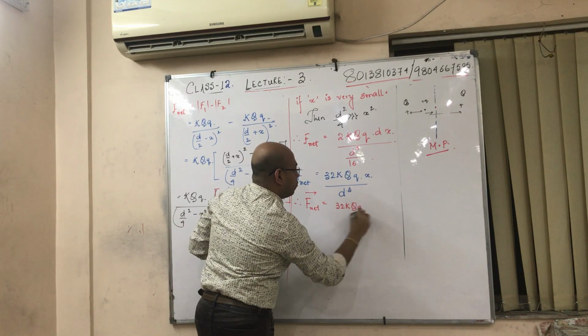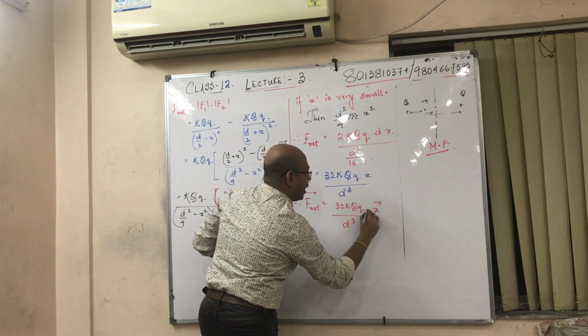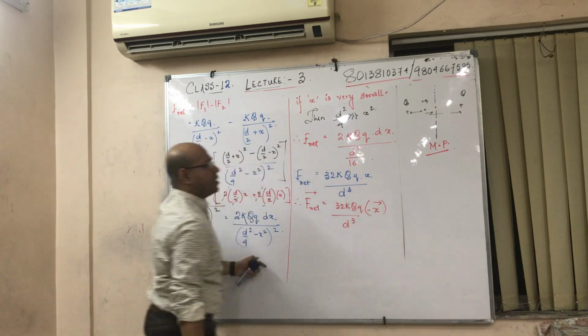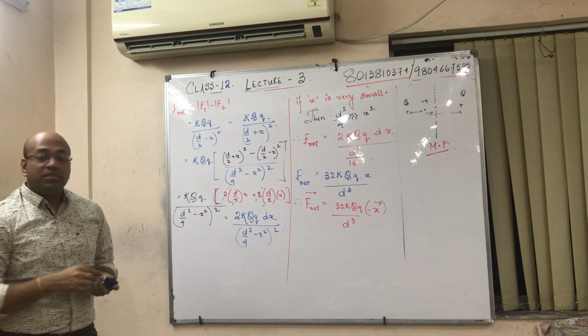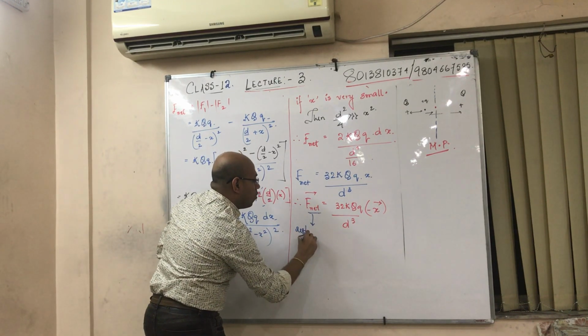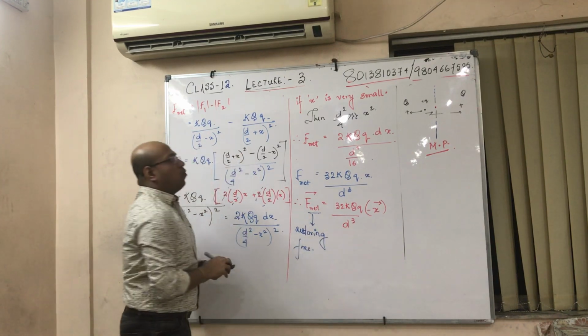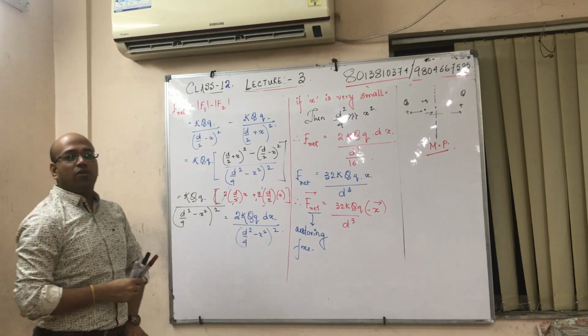So F net vectorially is 32K big Q small q by d cube into x vector, and you put a negative sign. So this signifies this force is acting as what force? This force is acting as restoring force. Why am I saying this is the restoring force?